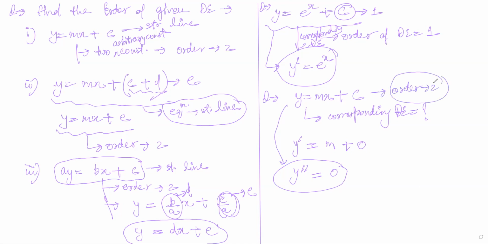As soon as you reach your second order, this is your corresponding differential equation, because you are not using m and c, the original arbitrary constants, to define the differential equation. Basically, to form a differential equation, you have to eliminate all of the arbitrary constants.